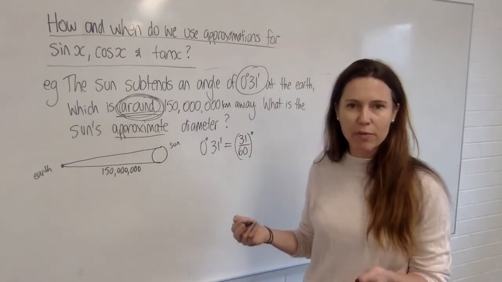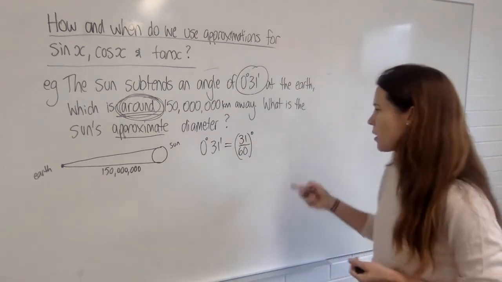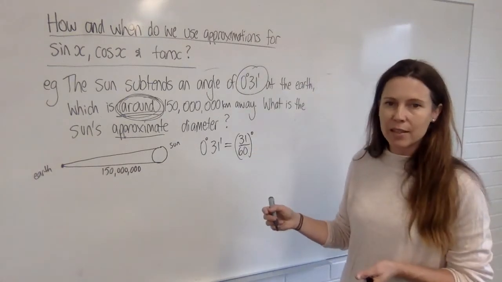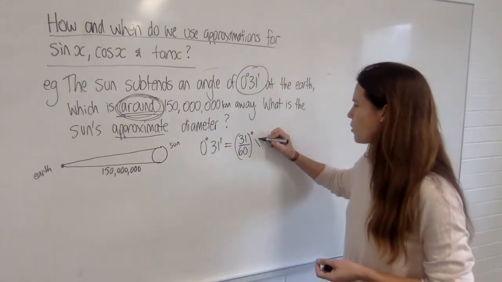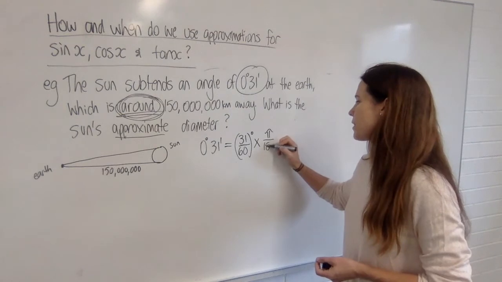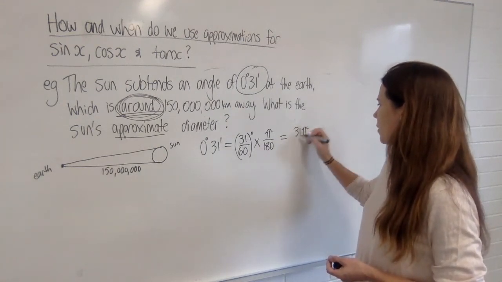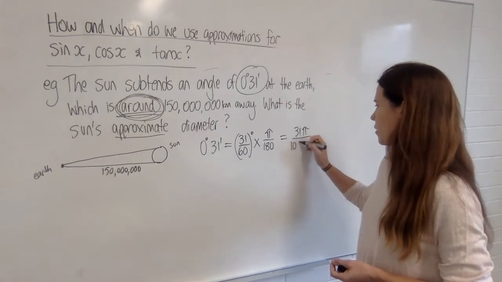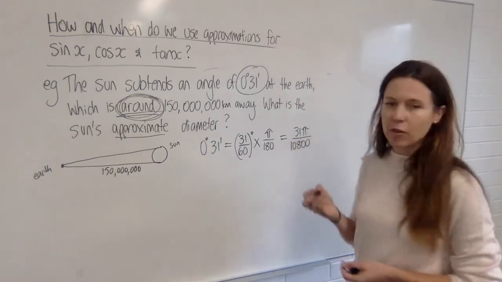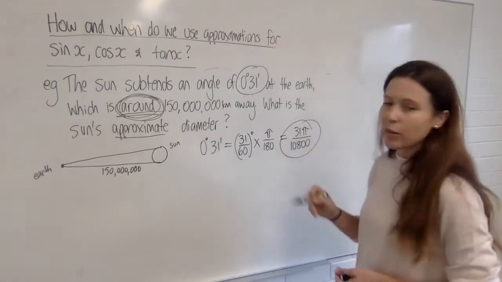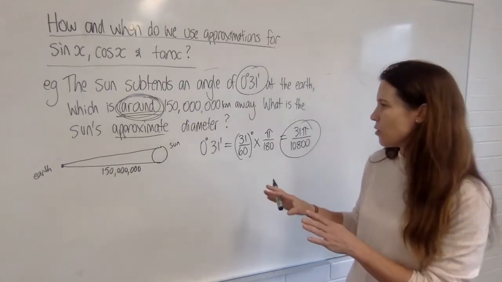In other words, roughly half a degree. Does that make sense? Now I can take the number of degrees and multiply it by pi over 180. That gives me 31 pi on the top and 10,800 on the bottom. That's my angle in radians. So now I'm ready to work with it.